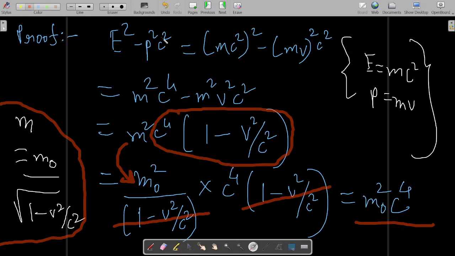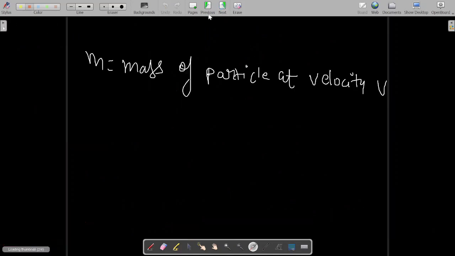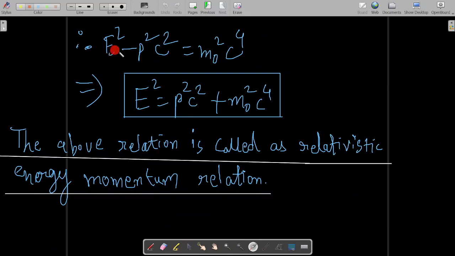So E square minus P square C square is equal to m0 square C to the power 4. Then E square equals P square C square plus m0 square C to the power 4. The P square C square moves from the left side to the right side and becomes plus, because when we change the side the sign also changes.